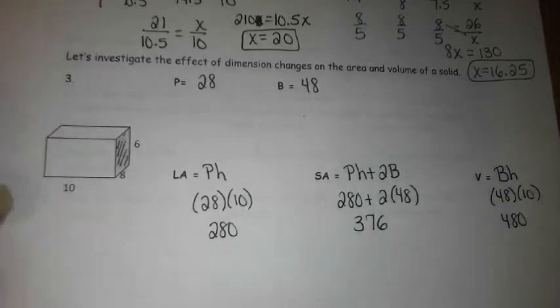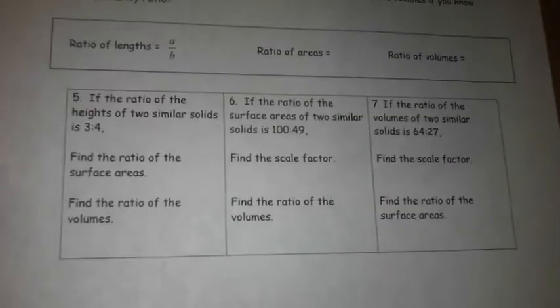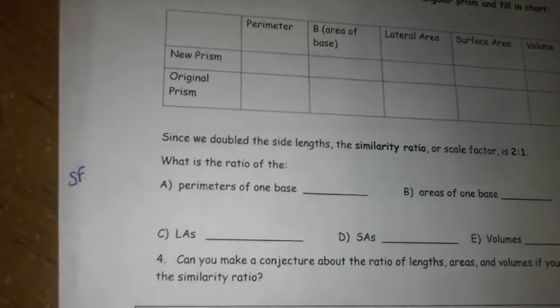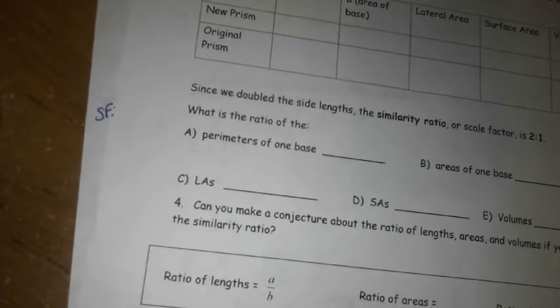Now we're going to do something with all of this. So keep this handy. And we're going to go to the next page, and it says now double each side of the rectangular prism, and fill in the chart. Okay.